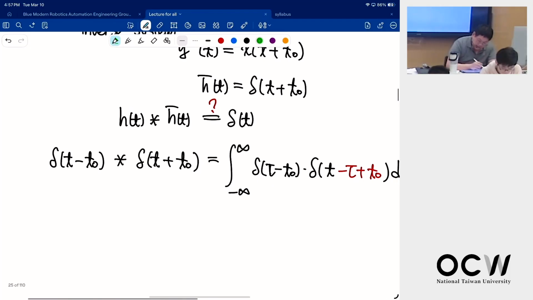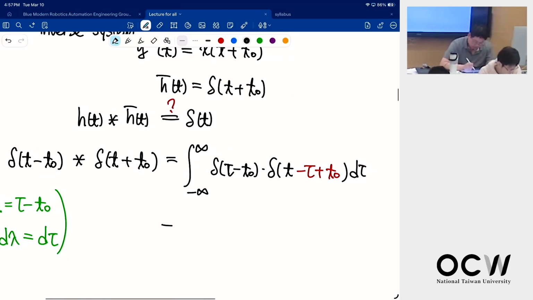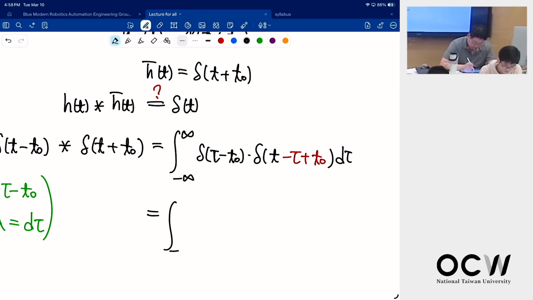Let lambda equal tau minus t naught. So d lambda will be equal to d tau. So we have delta lambda and then delta t minus lambda d lambda.